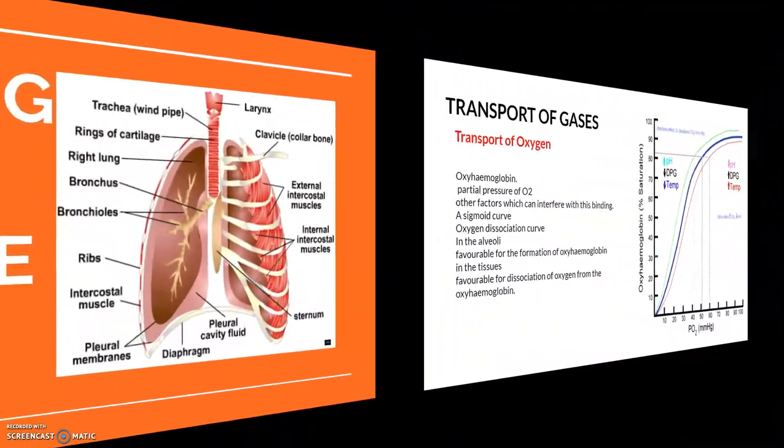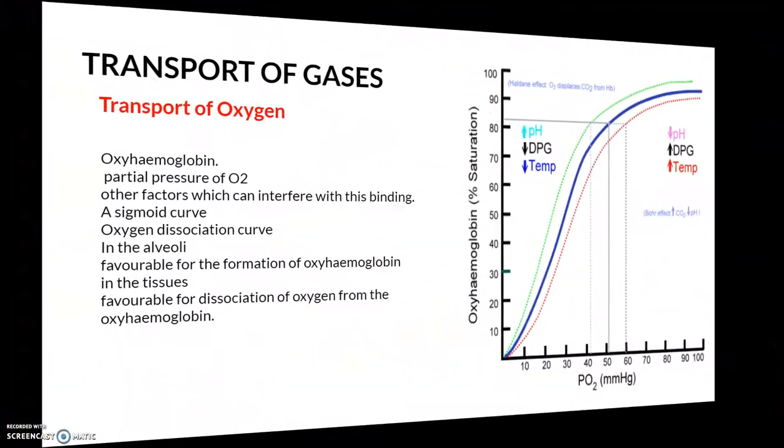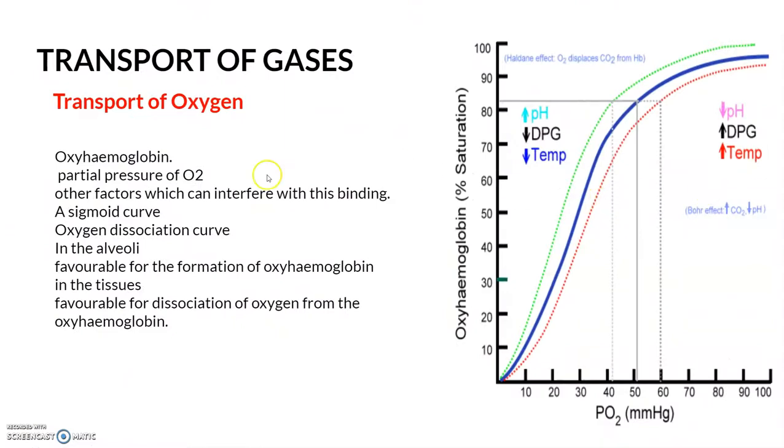Good morning. Now, in continuation with the respiration chapter, today we'll be studying the transport of gases. Now, we know that blood is the medium through which oxygen and carbon dioxide get transported, and 97% of the oxygen is transported by RBCs in the blood, and the remaining 3% of oxygen is carried in the dissolved state through the plasma.